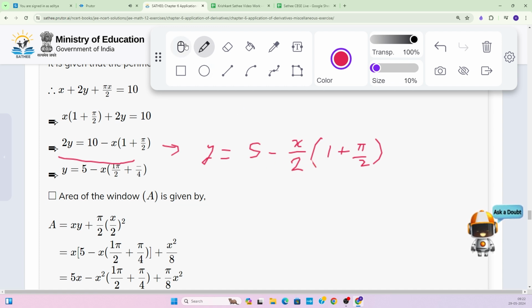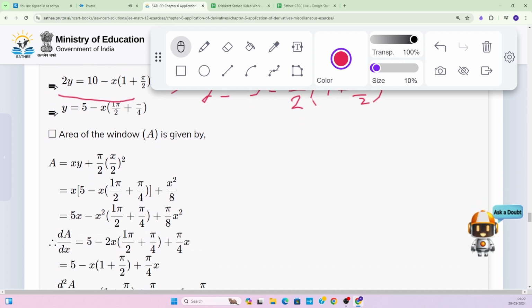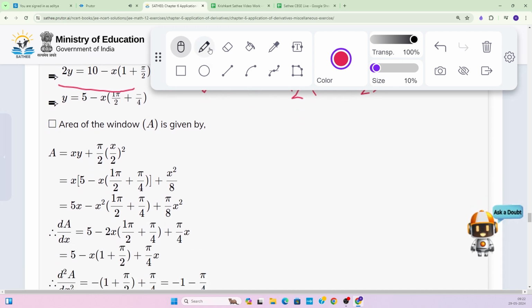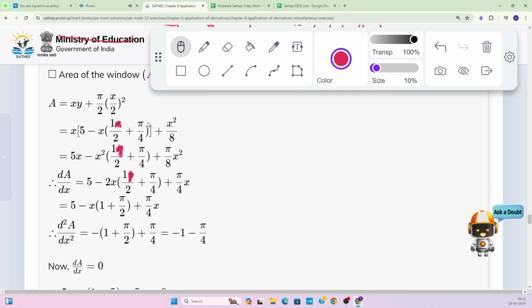Here it will not be π, just half. Please do the respective corrections. You will get 5x − x² times (1/2 + π/4) plus π/8 x².